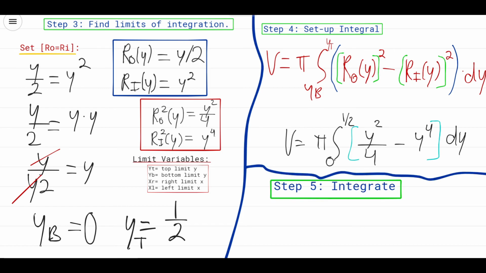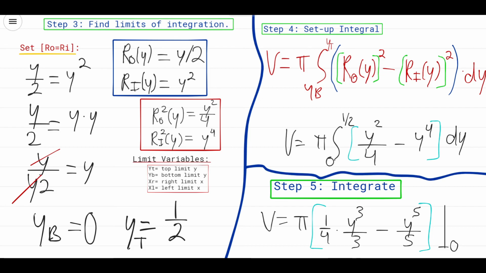So now we're going to integrate this function. So the volume, when we integrate y squared over 4, we get 1/4 the constant times the integral of the y squared term, which is y cubed over 3. And then y to the 4th power integrated is y to the 5th over 5. And this is bounded from 0 to 1/2.